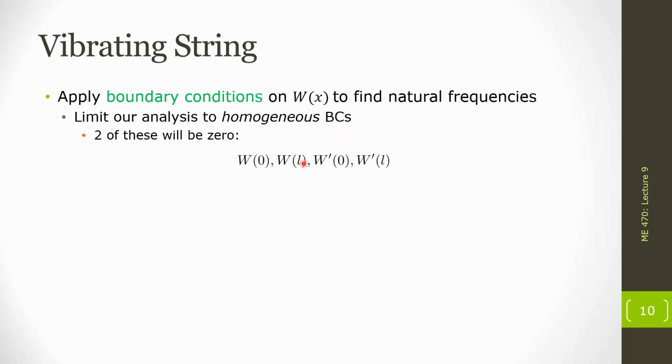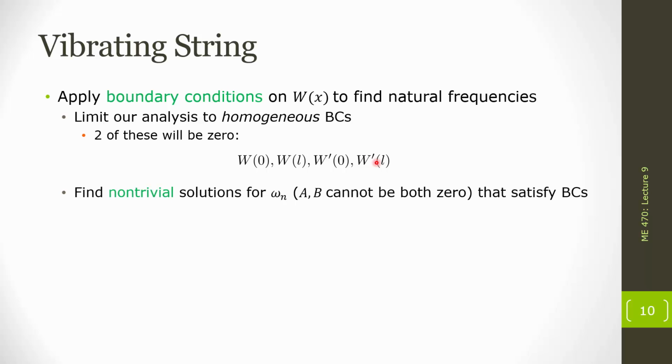That means we are going to know something about the deflection at x equals 0 or x equals L, or we're going to know something about the slope, which is w prime at x equals 0 or at x equals L. Two of them we're going to know because there are two constants. And an idea we're going to use here is that we are going to be finding non-trivial solutions for this w of x.